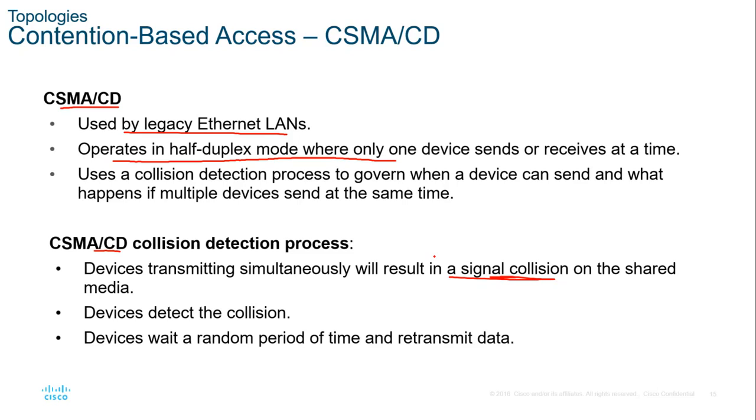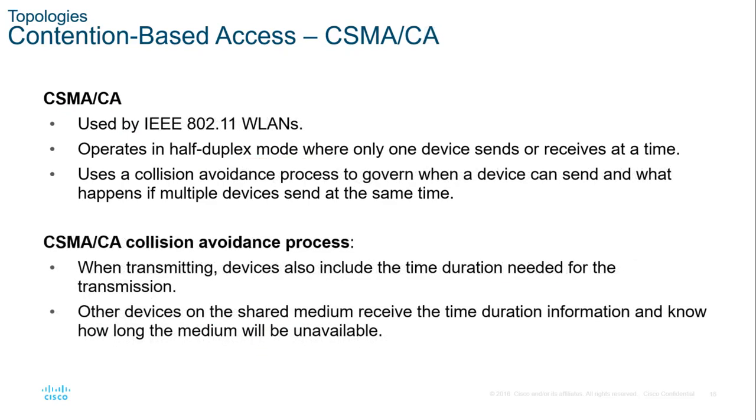The devices detect the collision and then wait a random period of time and retransmit. After that random period, they can resend again, if the media is idle or free.